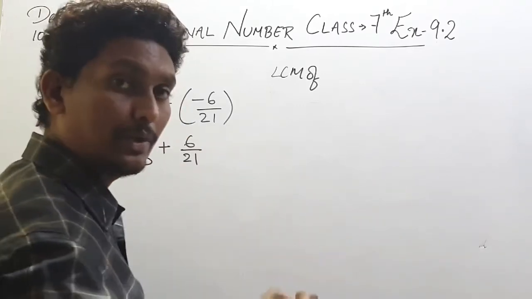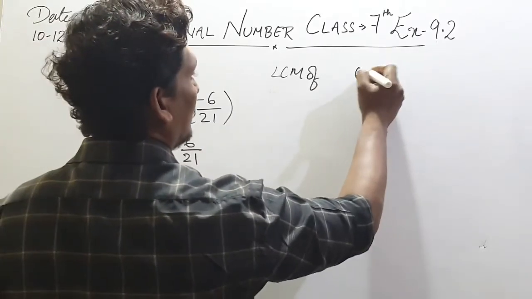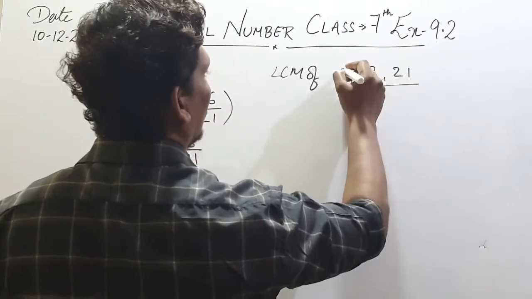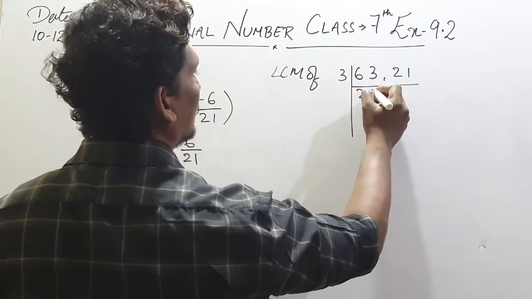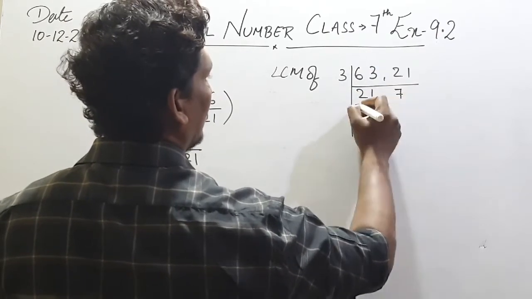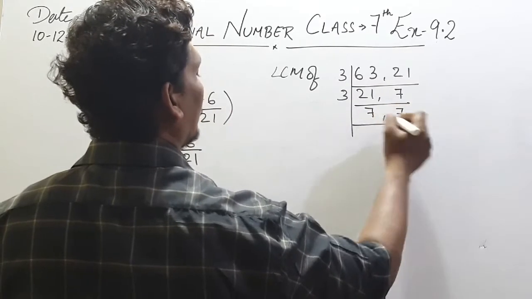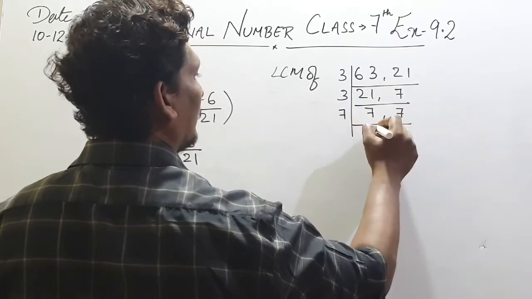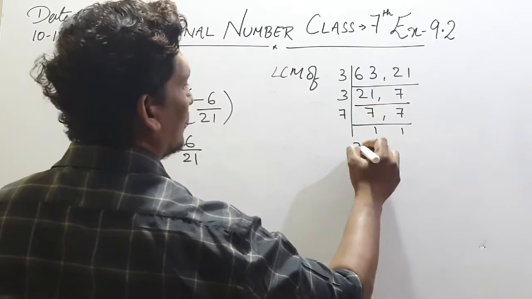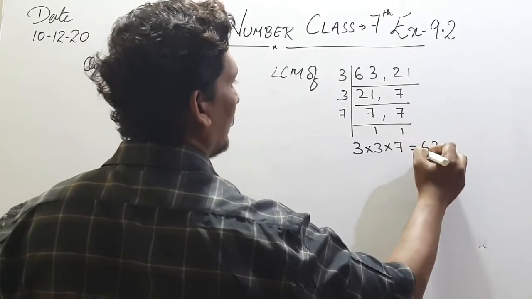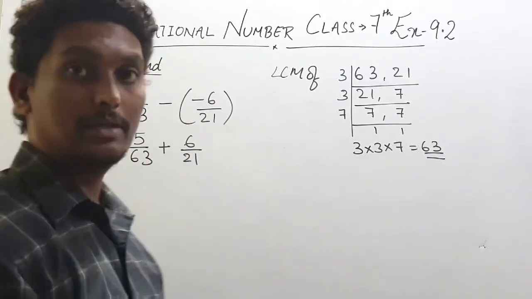After that we are going to find the LCM of 63 and 21, by division: 3 twos are 6, 7s, 3 sevens are 21, 7 ones are 7. So 3 into 3 into 7, that is 63. So the LCM is 63.